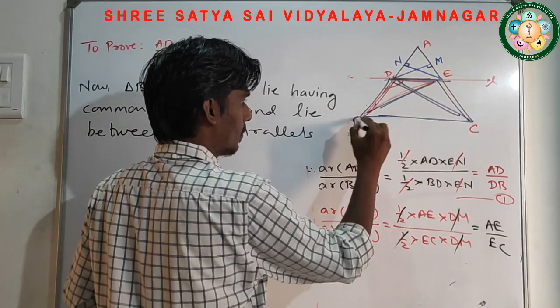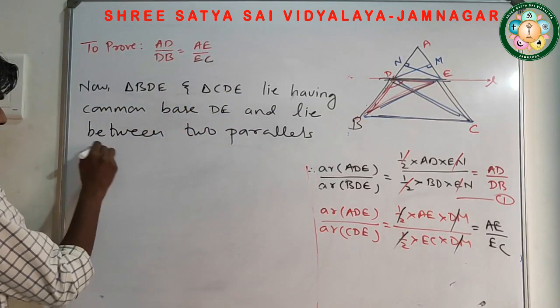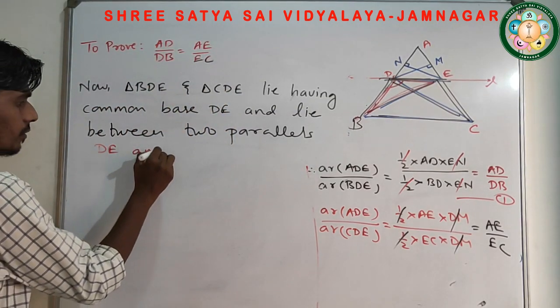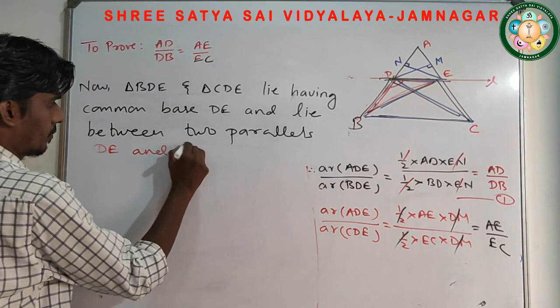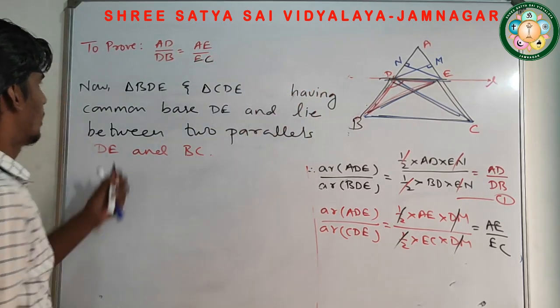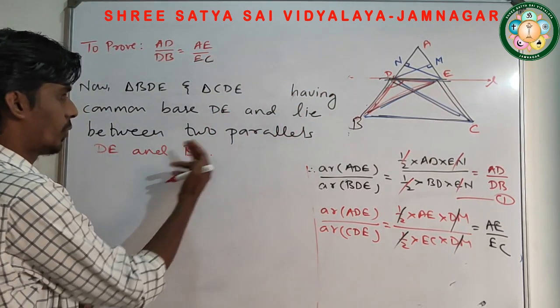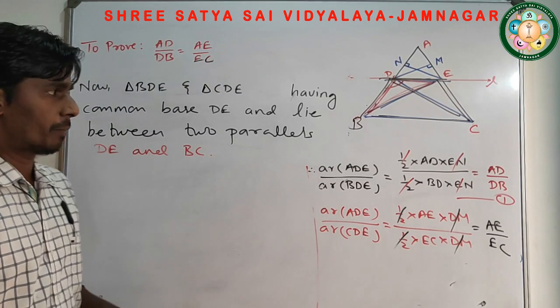DE and BC are the two parallels. So triangles BDE and CDE have common base DE and lie between two parallels DE and BC.